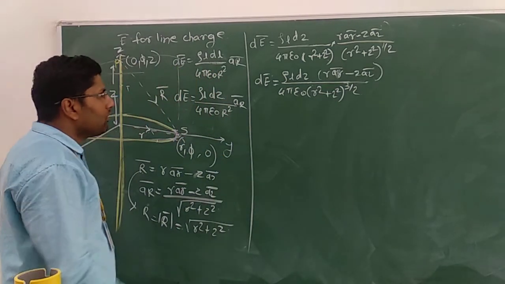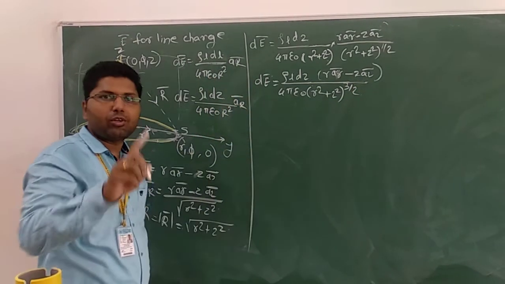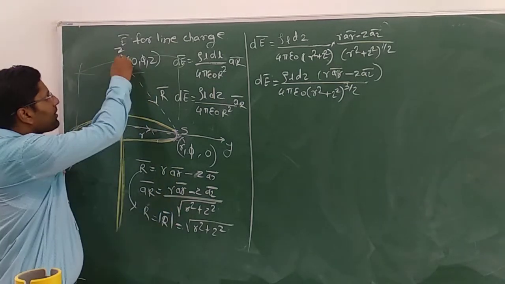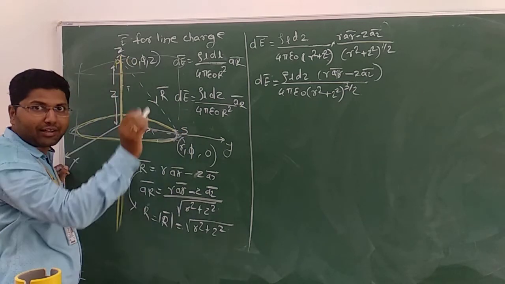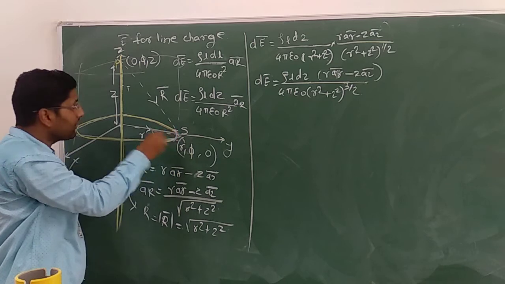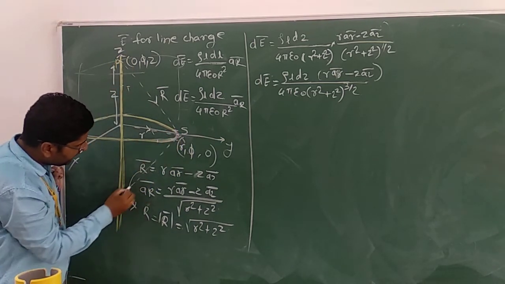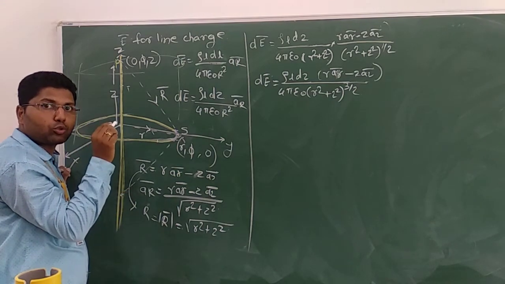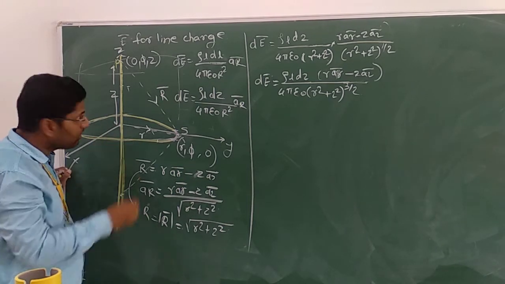Now see, of aR bar and aZ bar, only one unit vector will remain. Why? Because we are calculating the electric field intensity from this point to this point. From an equal and opposite distance, the opposite side contribution gets eliminated, as with force.